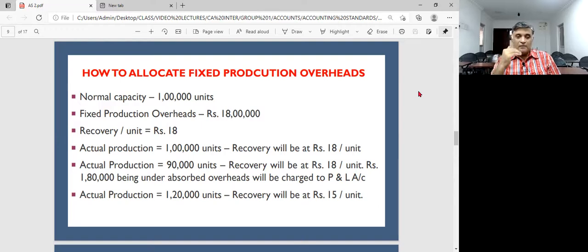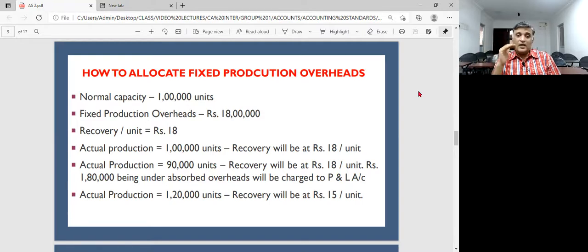So this example is very important. 3 scenarios, right, where first case, my actual production was in line with the normal capacity. So I recovered at the base rate of 18. Second case, my actual production was less than the normal capacity. Even in that case, I was recovering at 18, but it resulted in an under-absorbed overhead, which I am transferring to P&L.